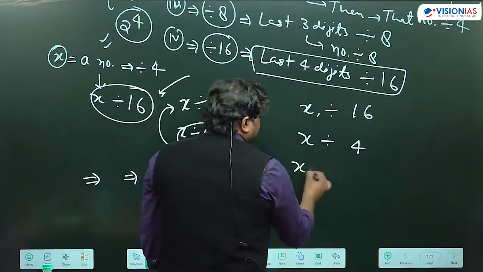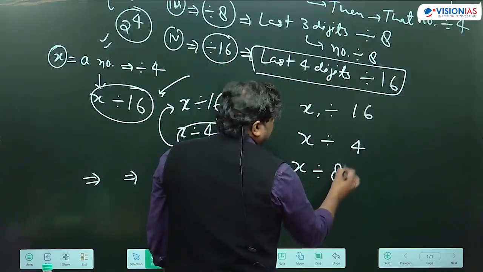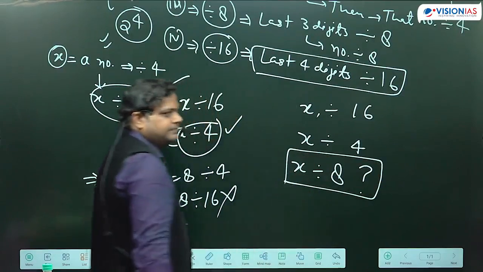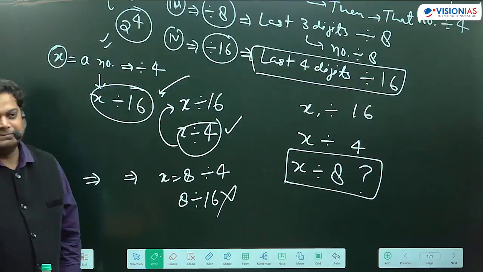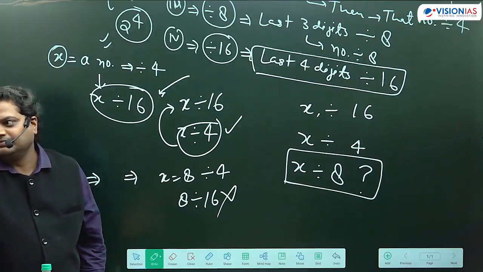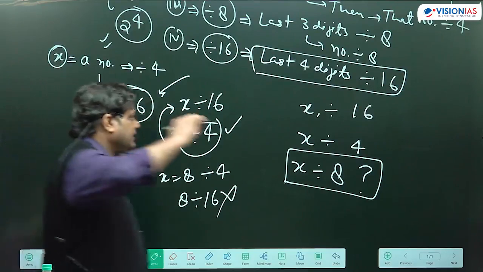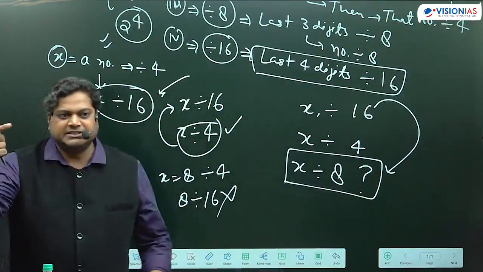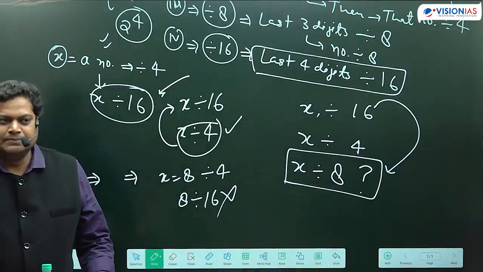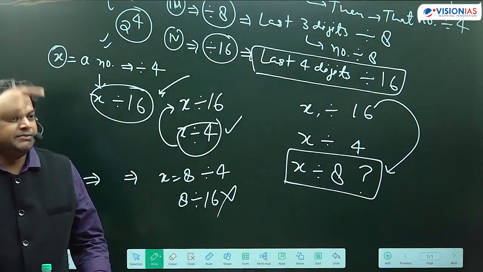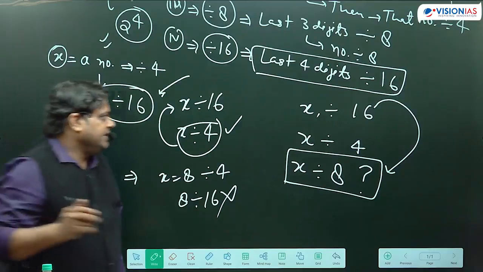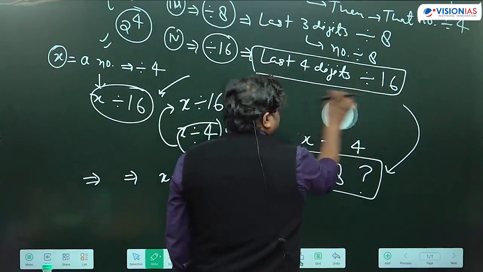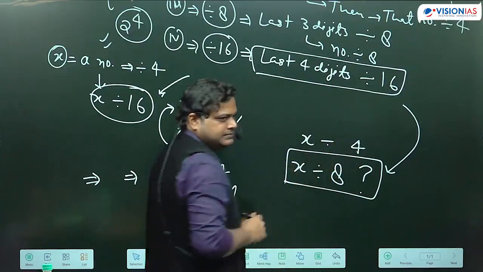Can we say this number x is also divisible by 8? Can we say this? क्योंकि 16 का factor है 8. अगर 16 से divisible है, that means that number will be divisible by 4 also, will be divisible by 8 also, will be divisible by 16 also. सिर्फ यही रहता कि a number x is divisible by 4.